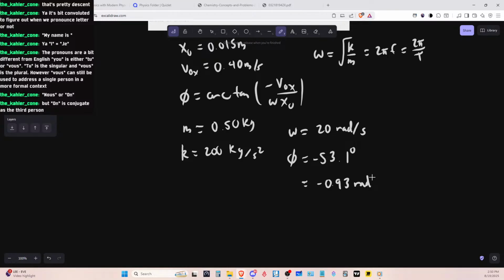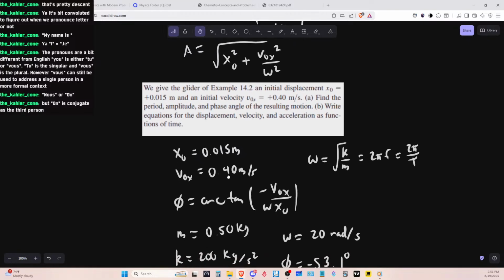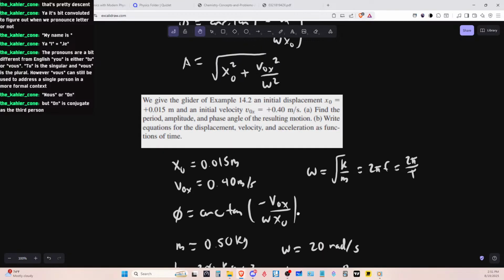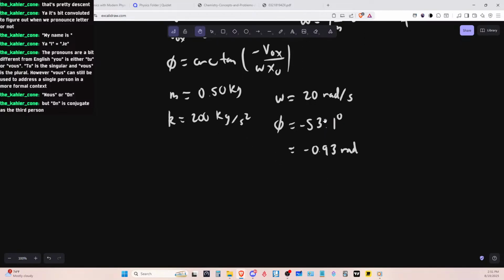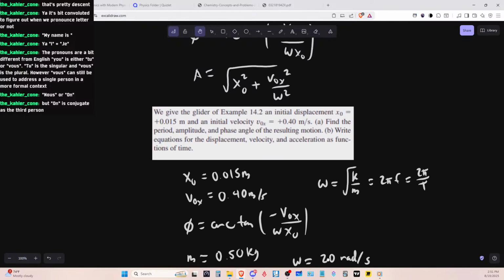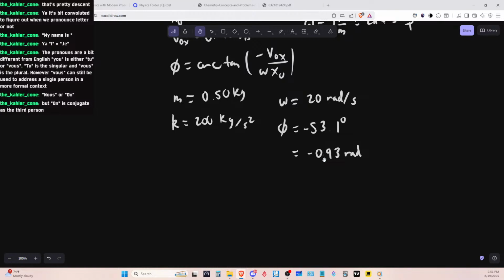Okay, so where was I? Oh, yeah. So we'll have these two forms. More likely, I'm probably going to use the degree one because I'm so used to it. But then again, if they require us to have it in radian mode, then we'll have it here. So now we have phi, the phase angle. Now we need the amplitude, and I think we can get it.